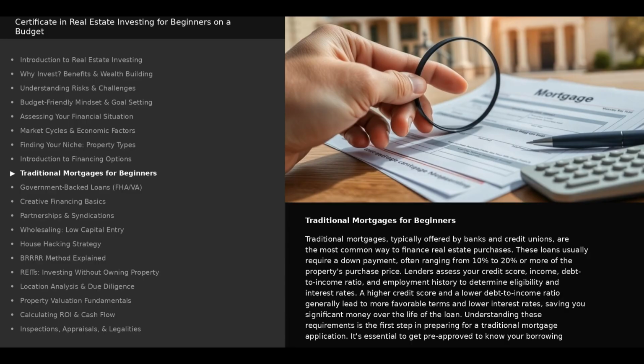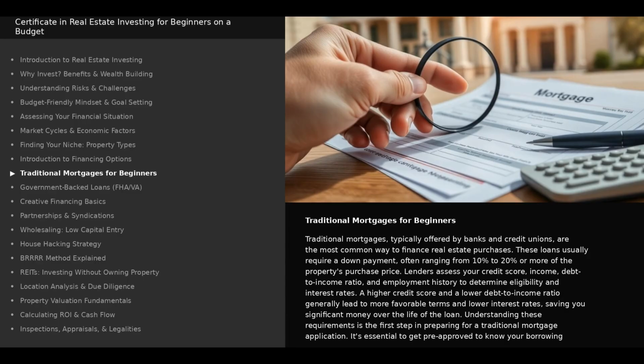Lenders assess your credit score, income, debt-to-income ratio, and employment history to determine eligibility and interest rates. A higher credit score and a lower debt-to-income ratio generally lead to more favorable terms and lower interest rates, saving you significant money over the life of the loan. Understanding these requirements is the first step in preparing for a traditional mortgage application.